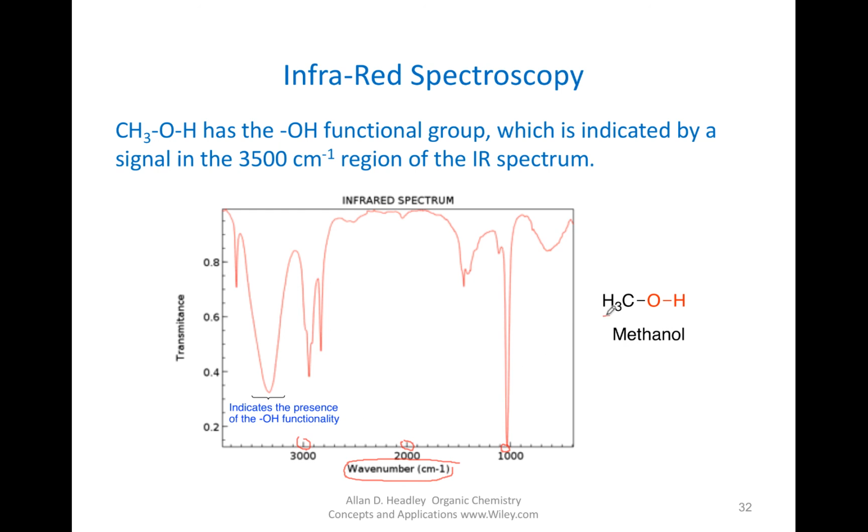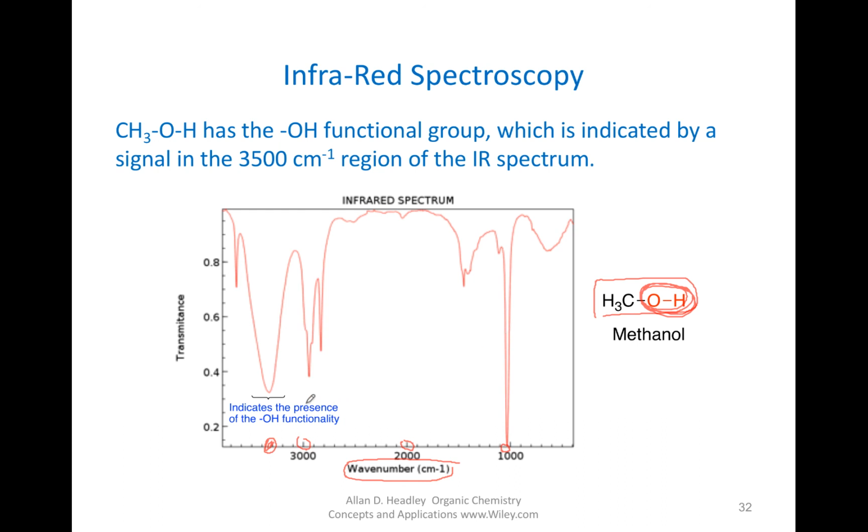So if you take a molecule such as methanol and expose it to infrared radiation at a specific region, right in this region here of that energy, these bonds will start vibrating, and specifically this OH bond here will start vibrating. And the instrument can detect that vibration because the molecules accepted the energy to be excited.